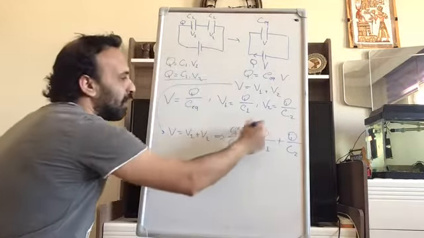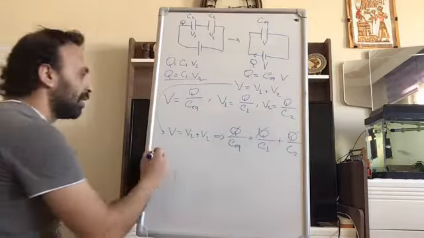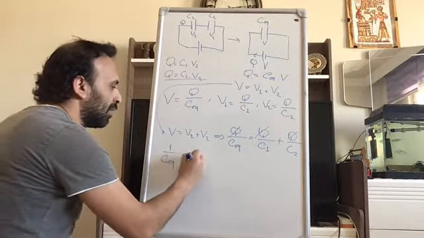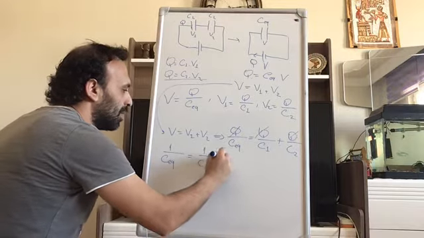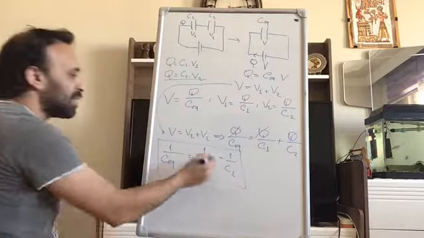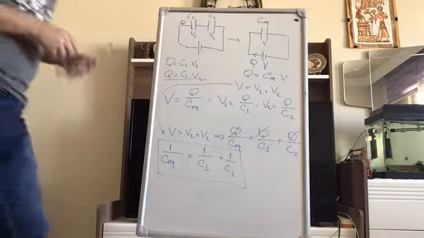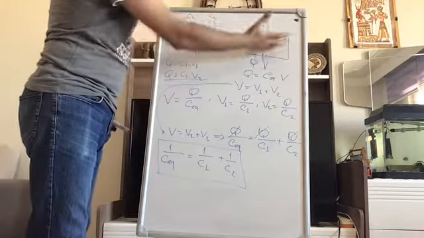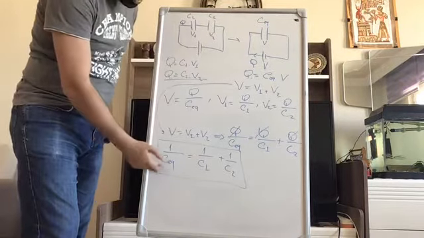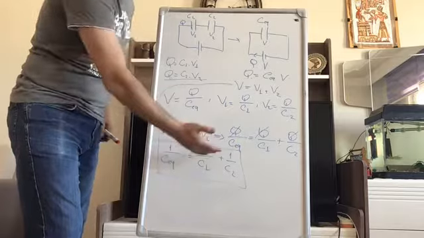If I cancel all Q's from the terms, then I can write 1 over C equivalent will be equal to 1 over C1 plus 1 over C2. So actually, if you know what C1 and C2 are, you can easily construct such a system with a single capacitor, and its capacitance can be calculated by following this equation.